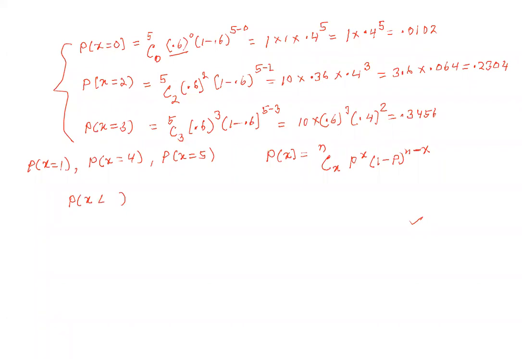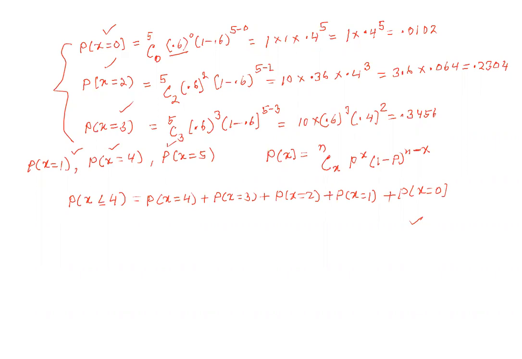So that means X is less than or equal to 4, which is the same as probability of X is equal to 4 plus probability of X is equal to 3 plus probability of X is equal to 2 plus probability of X is equal to 1 plus probability of X is equal to 0. If you found all of these values, then you can just read the values and add them up.